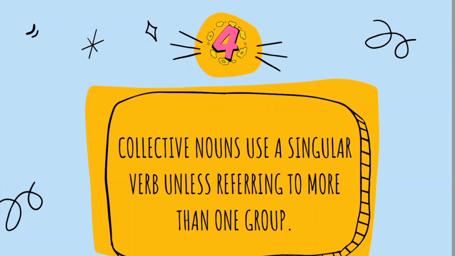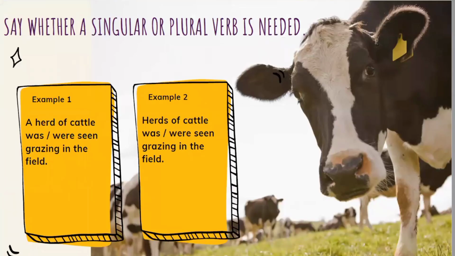Rule number 4. Collective nouns use a singular verb unless referring to more than one group. So here we have two examples. A herd of cattle was or were seen grazing in the field. Example 2. Herds of cattle was or were seen grazing in the fields. Well, let's examine the collective noun.